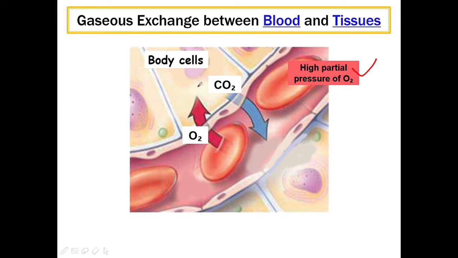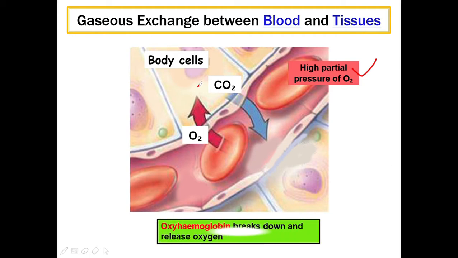The body cells then undergo cellular respiration and thus release carbon dioxide. So the partial pressure of carbon dioxide in the body cell is higher than in the tissue capillaries. So carbon dioxide diffuses out from the body cell into the tissue capillaries and is transported back to the lungs.